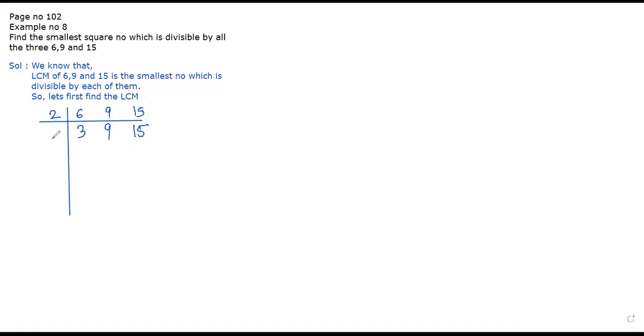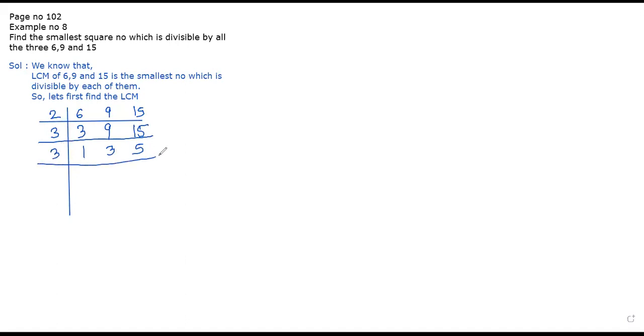Now in all the three numbers, you don't have any even number. So now we'll have to divide by 3. 3 ones are 3, 3 threes are 9, 3 fives are 15. Again, we can divide by 3 because there is a 3 at the center.